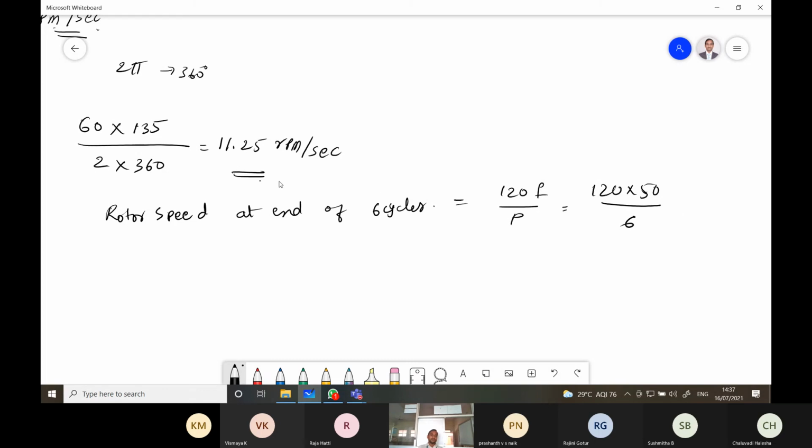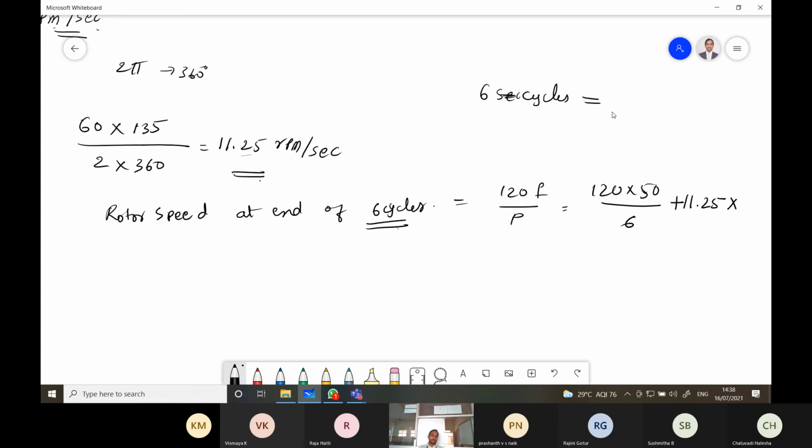Along with that, at the end of 6 cycles, we have calculated 11.25 RPM per second for 1 second, multiplied by 0.12 second for the 6 cycles.